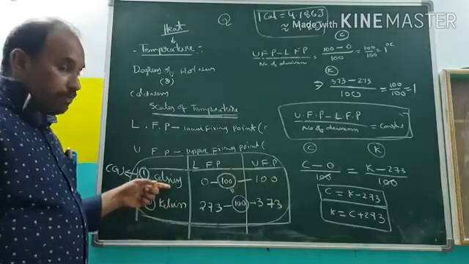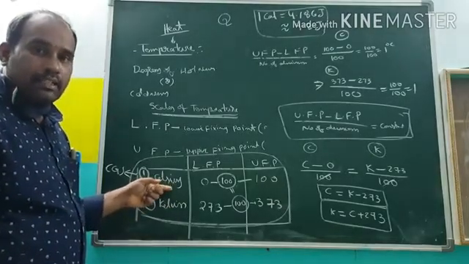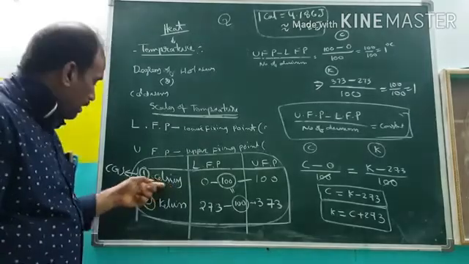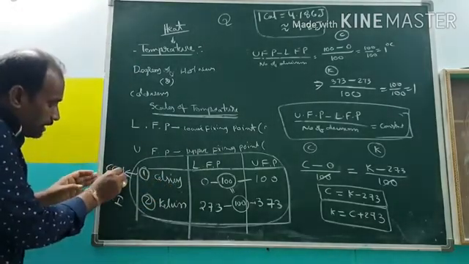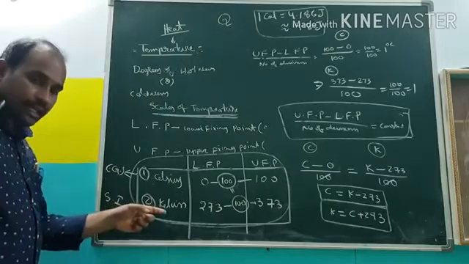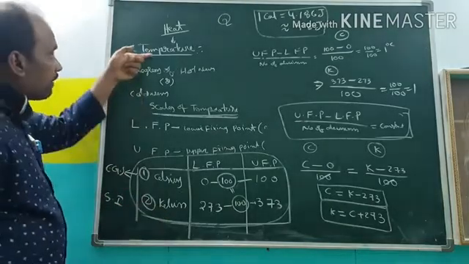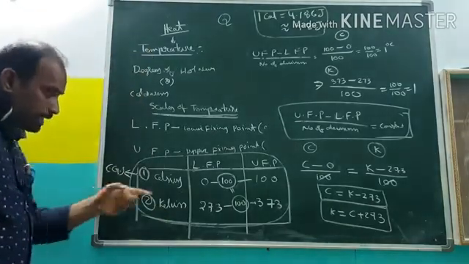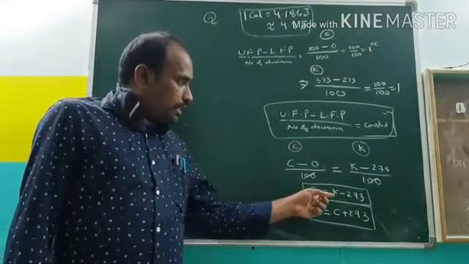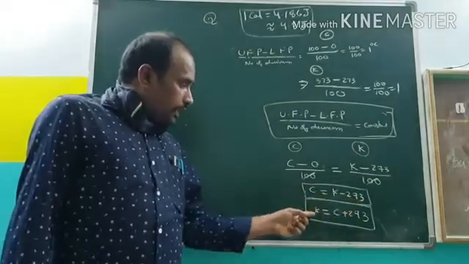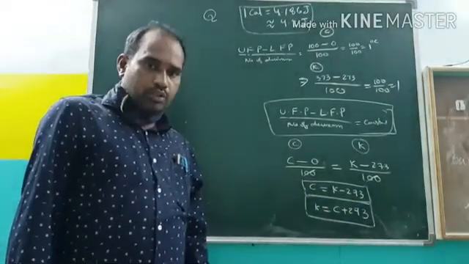Celsius is the unit of temperature in the CGS system, and Kelvin is the unit in the SI system. So you know that Celsius is equal to K minus 273, and Kelvin is equal to C plus 273.